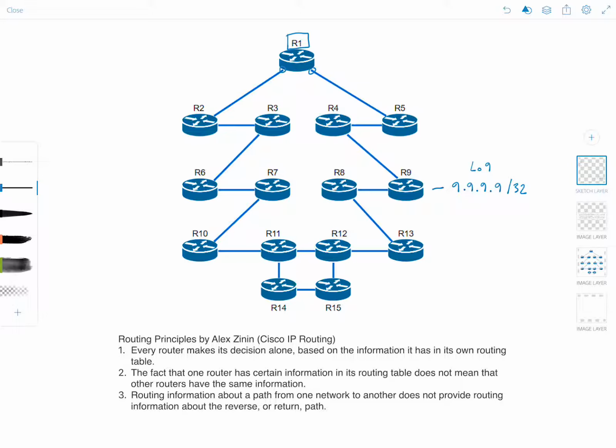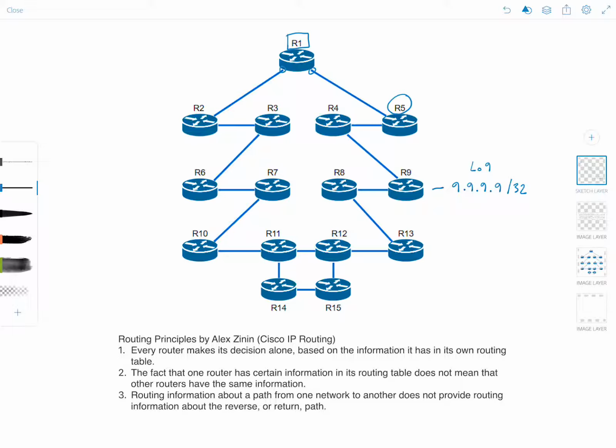Since I haven't indicated any costs on the links, we'll just assume that the shortest path is the best path, and that is what would be installed into R1's routing table. So it would want to go through R5, then R4, and finally reach R9.